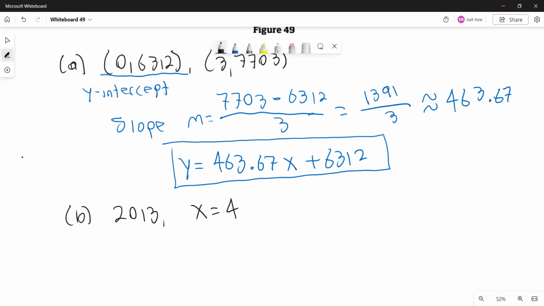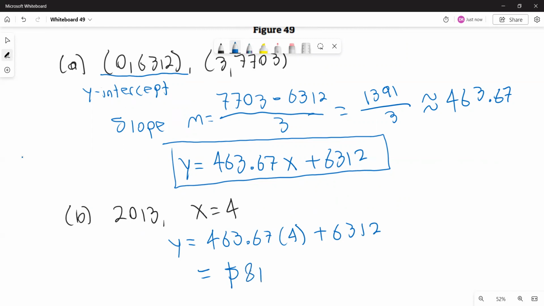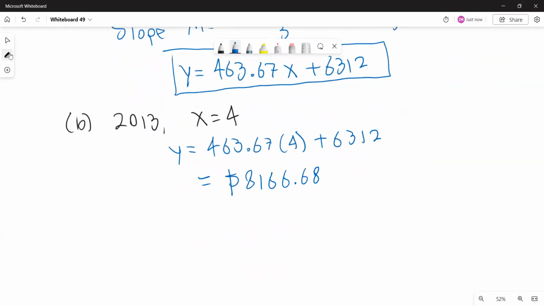So we're going to plug it in. Once you calculate that, it's going to be $8,166.68.